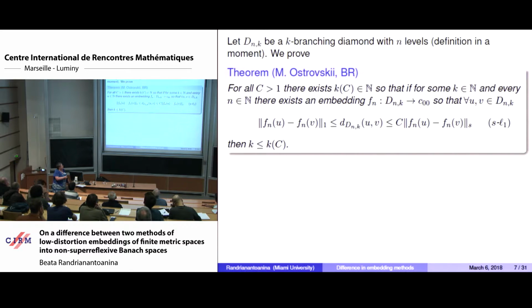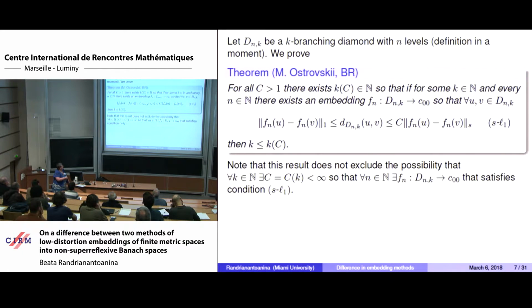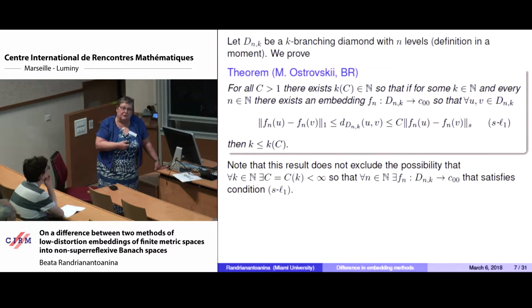That bound depends only on this C. All right, so what I want to note first is that I am not saying that if I stick to 50 branching diamonds, they could not be embedded using the factorization method. I don't know if they can or cannot.